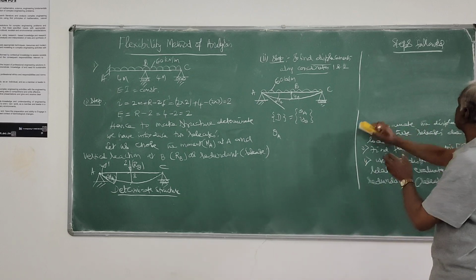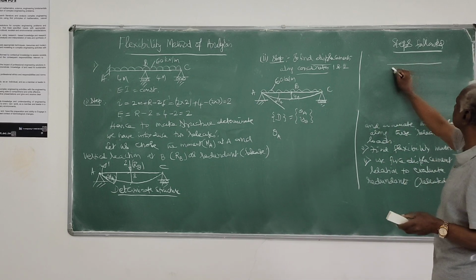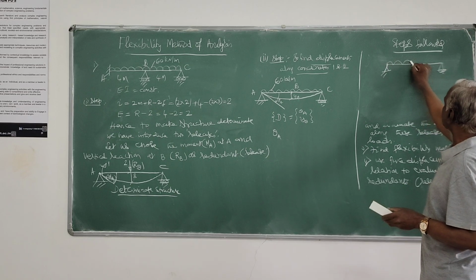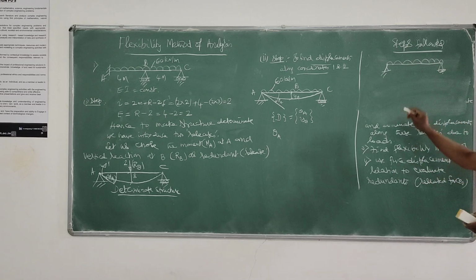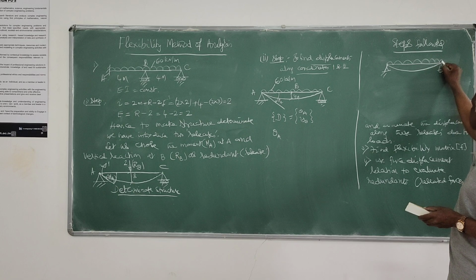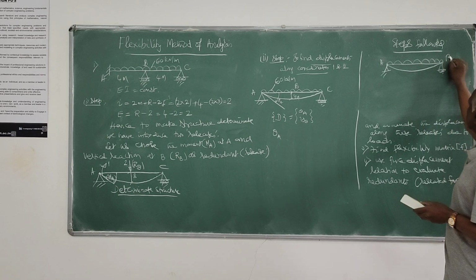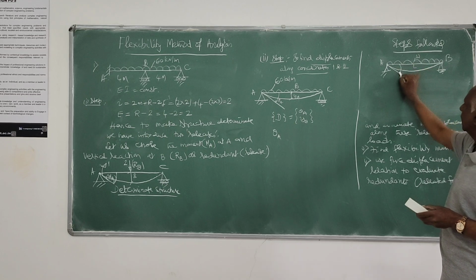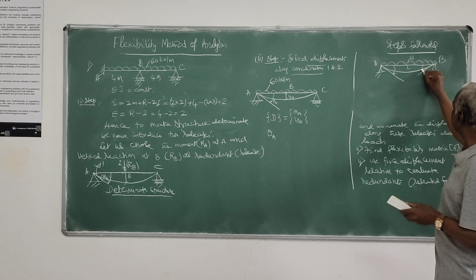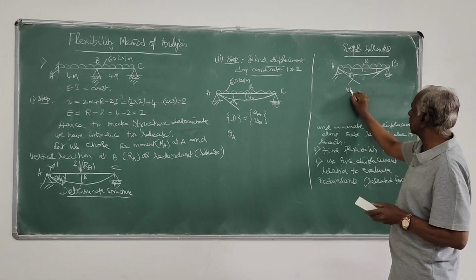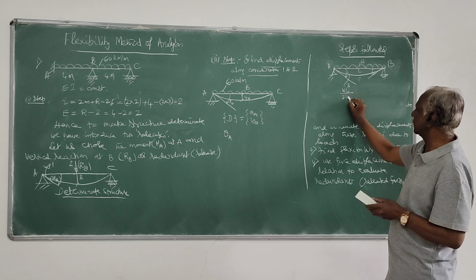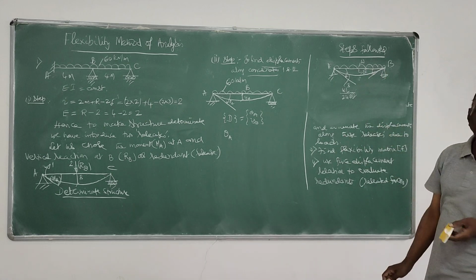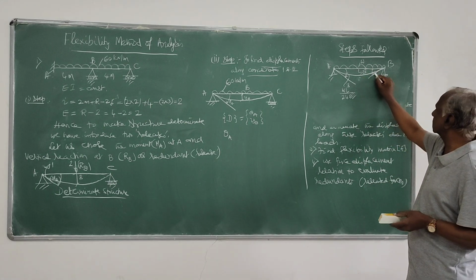You can also remember it. If there is a simply supported beam subjected to a constant UDL like this, then it will deflect in this fashion. Here W is the load, span is L, and the slope developed at the ends is given by WL cube by 24 EI, where EI is the flexural rigidity of the member and L is the length of the member.